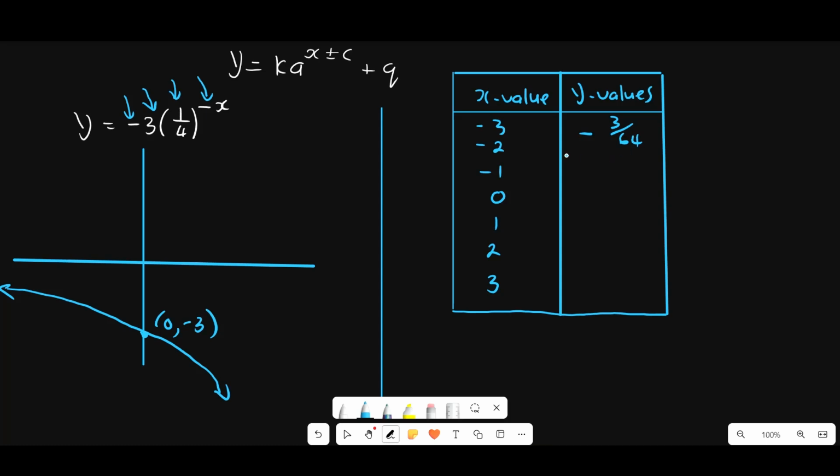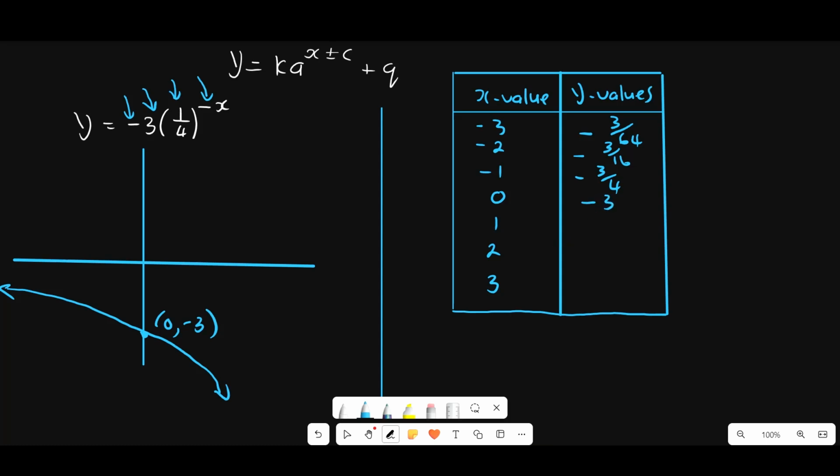You should get an answer of -3/64, right? Then if you plug in -2, you'll get -3/16. If you plug in -1, then you'll get -3/4. If you plug in 0, then we're getting -3.